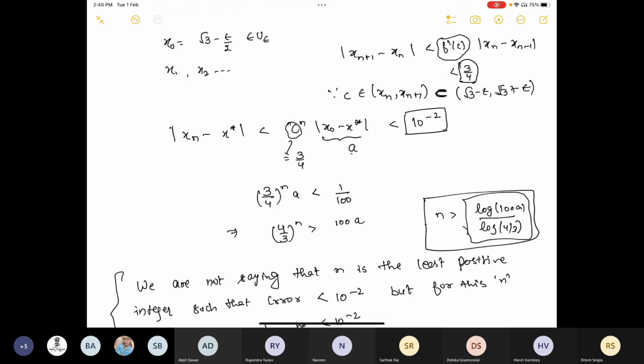But once we start calculating the roots x1, x2, x3, it might be that for some xm where m is strictly less than n, your error is less than 10 to the power minus 2. So n is some number which guarantees my error to be less than a certain bound, but it might not be the least number.